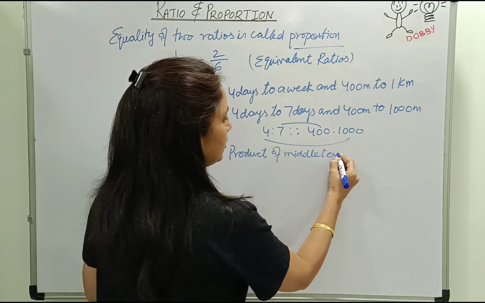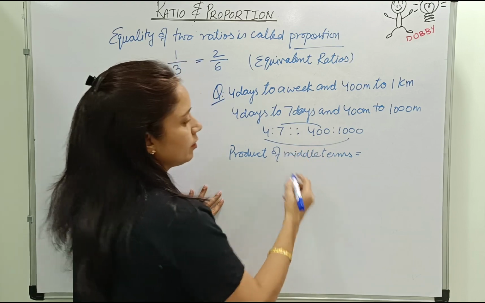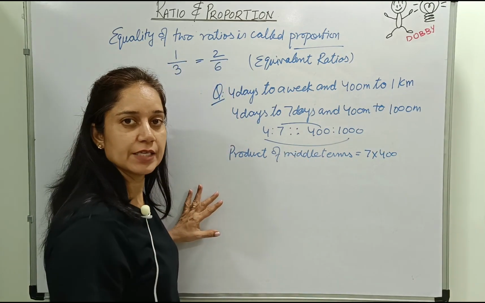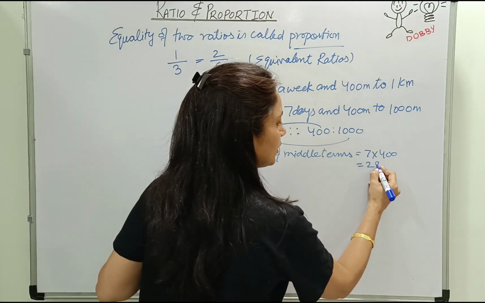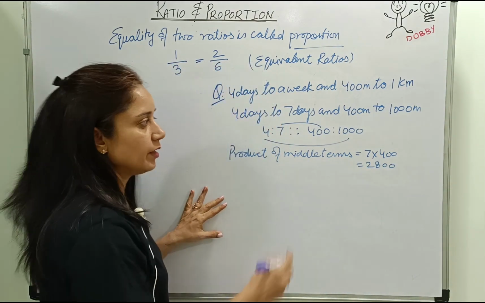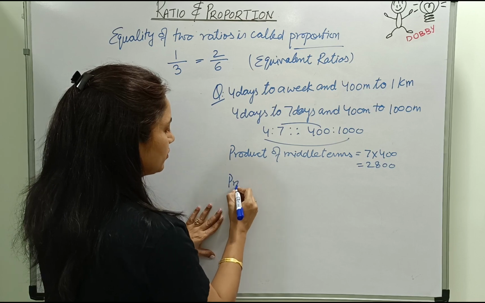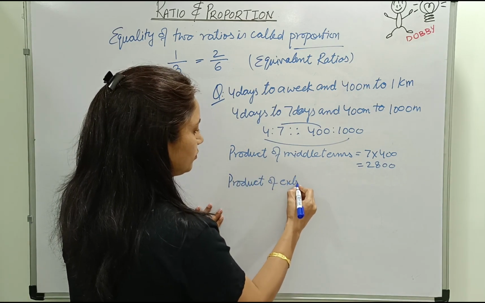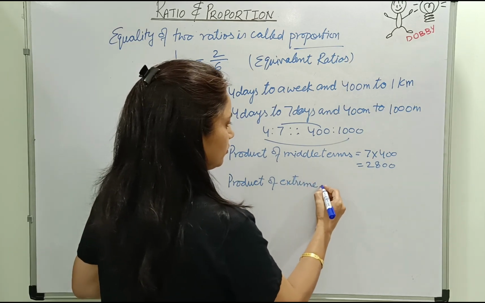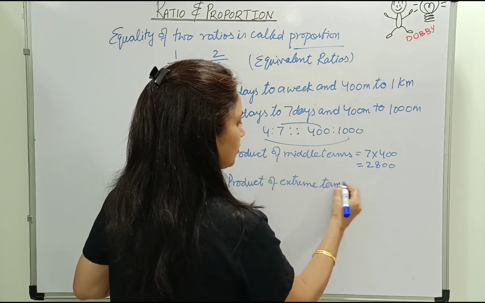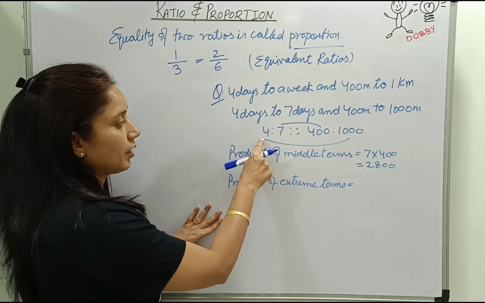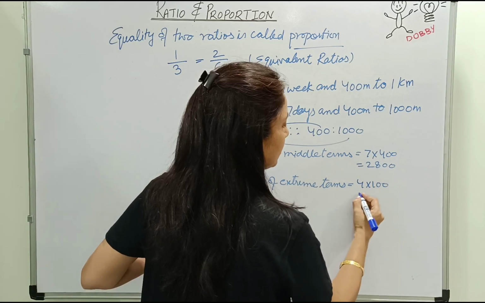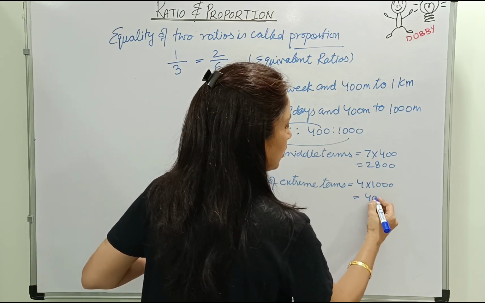Product of middle terms are 7 multiplied by 400. It gives us 7 4s are 28 with 2 zeros at the back. Done. Now product of extreme terms. Extreme terms are 4 and 1000. 4 multiplied by 1000 gives us 4000.